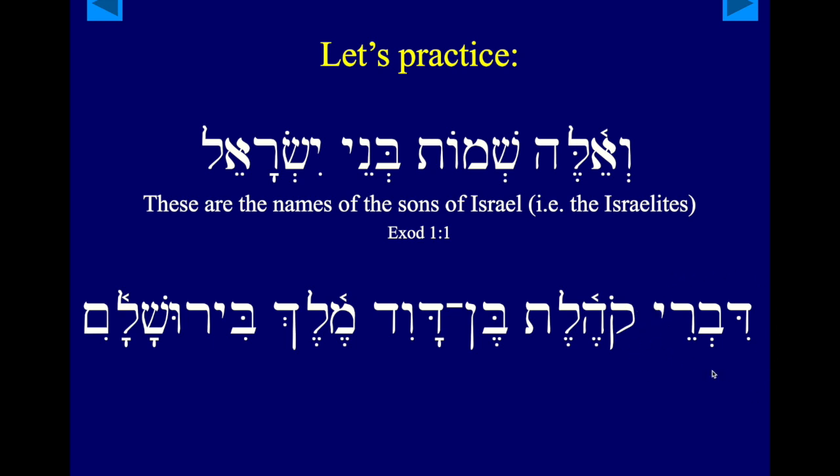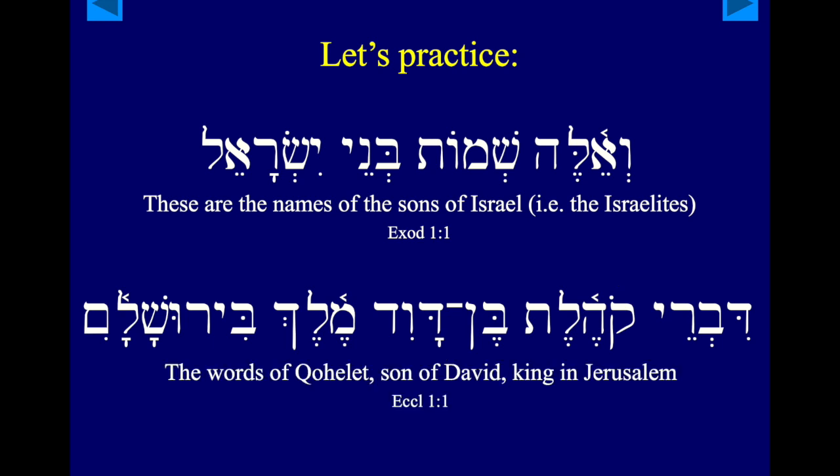So divrei is the masculine plural of words, but if you see it like this, you know it means words of. And then Kohelet, that's the name of a person. This is the beginning of the book of Ecclesiastes, by the way. The words of Kohelet, and it's capitalized here. It means someone who assembles. I could go off about this name, but let's not. We got other fish to fry right now. But the words of Kohelet, the Ben David, the son of David.